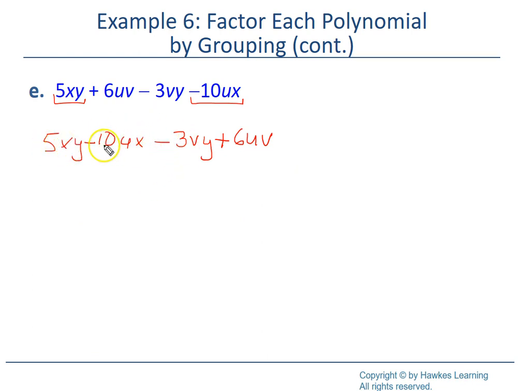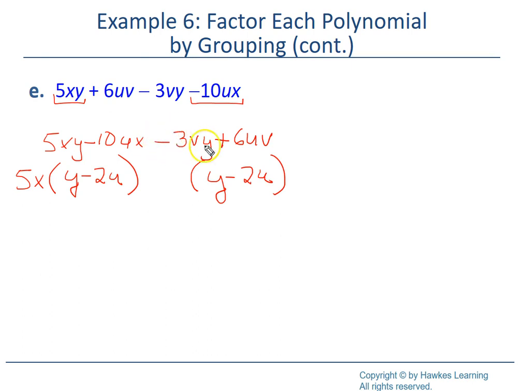Now, out of this, I can take out a 5x, and I'm left with y minus 2u. Now, over here, I want to end up with a y minus 2u.